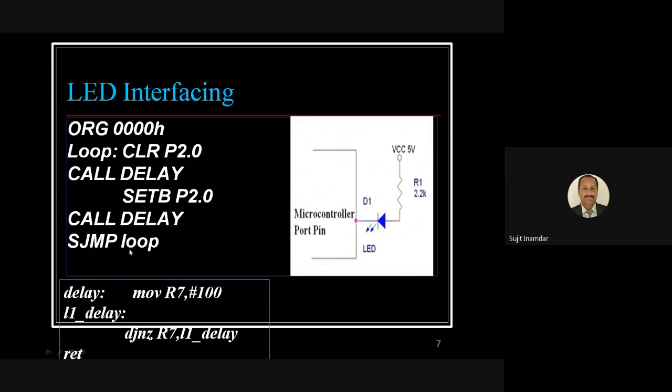SJMP loop — here I have written loop in small letters, but here the L is written in capital. So that may not be tolerable. That is not adjustable. So if L is written small here, then it must be small there as well, or if it is capital there, then it must be capital here too. So that is the care we are supposed to take. In the notebook also, if you did the same thing, make that correction.